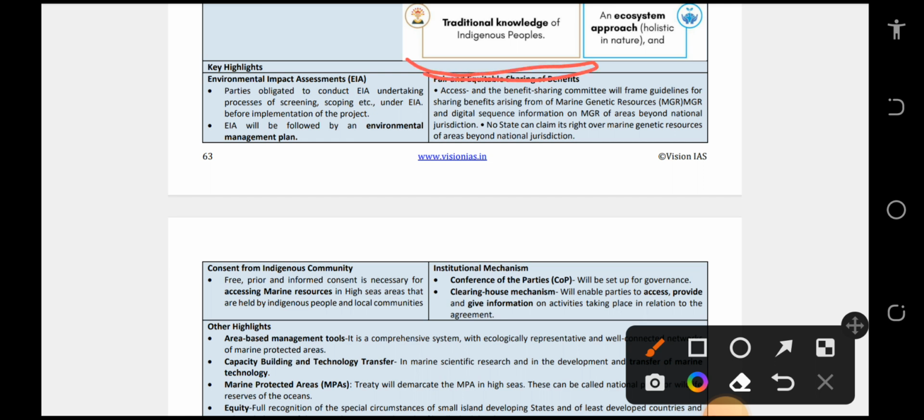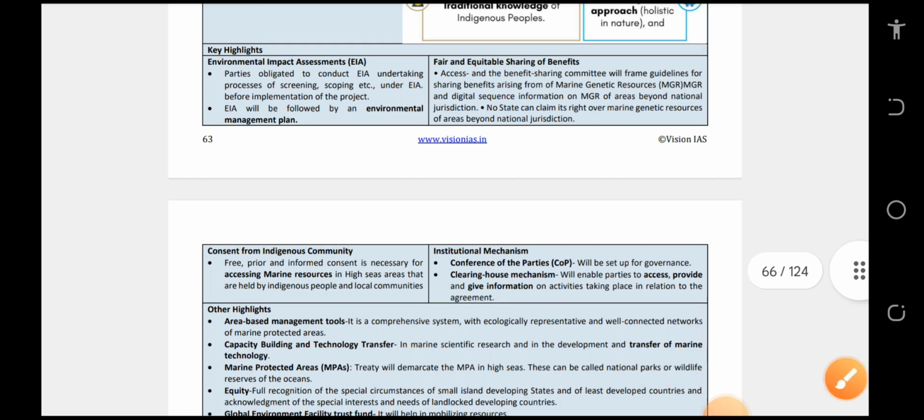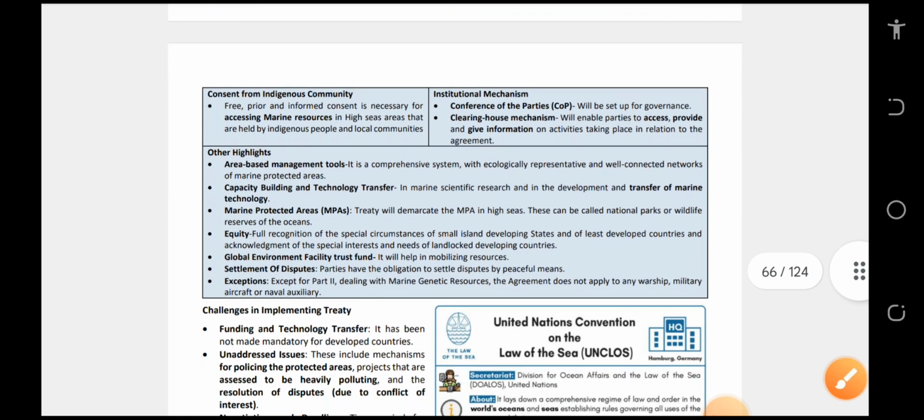The access and benefit sharing committee will frame guidelines for sharing benefits arising from the marine genetic resources and digital sequence information on the MGR of the area beyond national jurisdiction. The second point is that no state can claim rights over the marine genetic resources of the area beyond national jurisdiction. This is the fair and equitable sharing of the benefit.